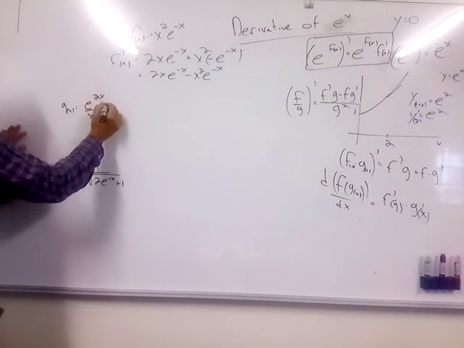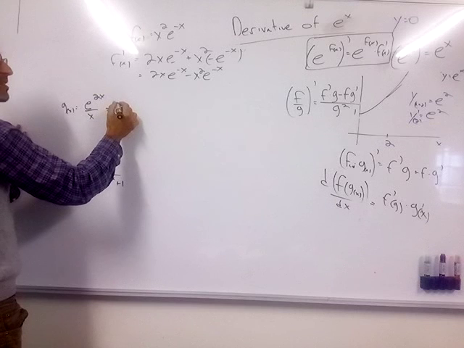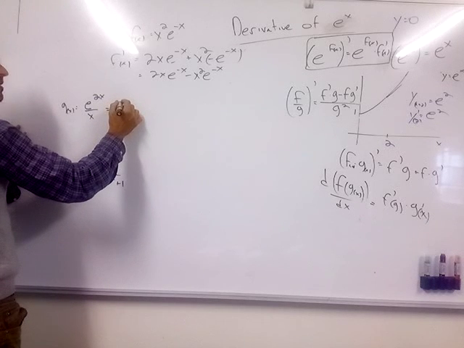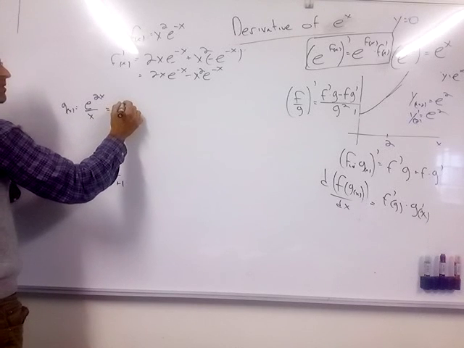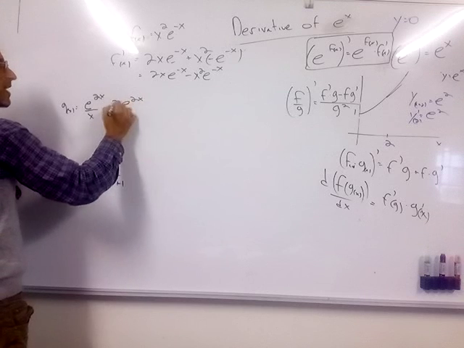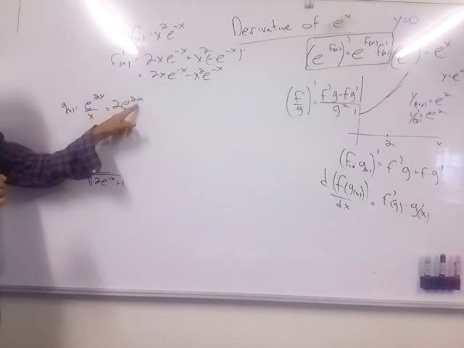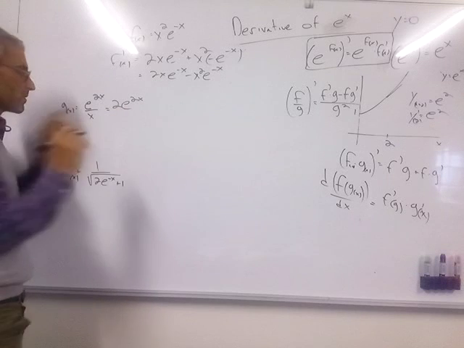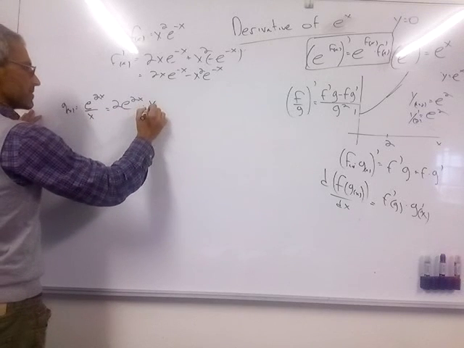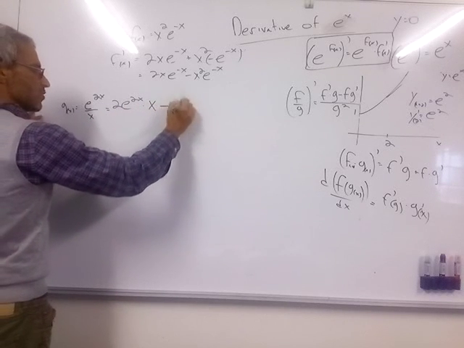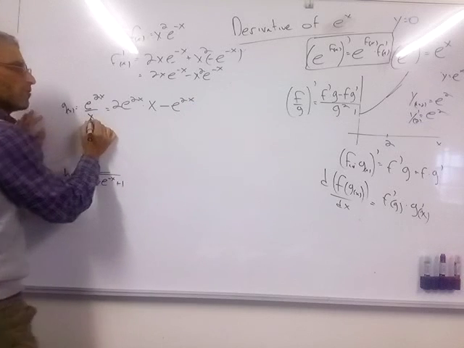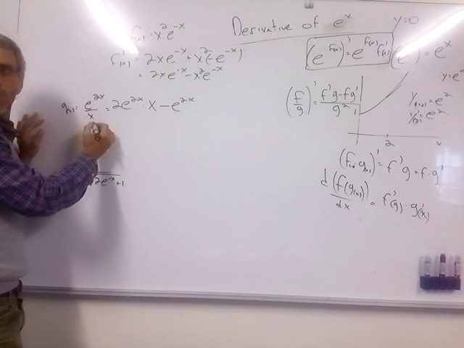Okay, so the derivative of e to the 2x. What is the derivative of e to the power 2x? That's it. E to the power 2x, and the 2 jumps up. And it stays 2x. It doesn't go down to x. Times x minus e to the power 2x. What's the derivative of x? 1.